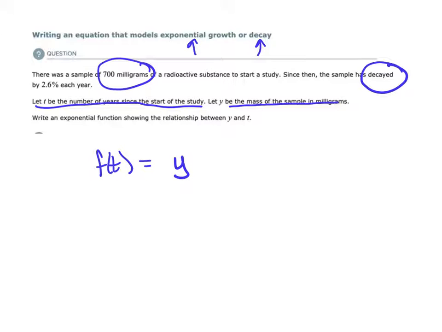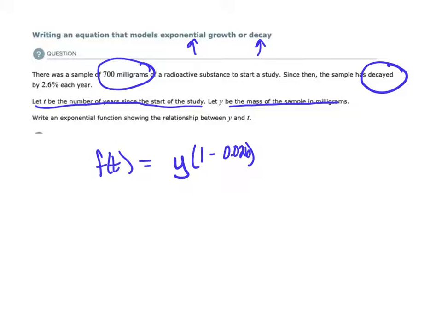Okay, so what we have to decide right here, this is going to be our rate. We have to decide if we are going to do 1 plus 0.026, and we'll talk about that in just a second, or if we need to do 1 minus.